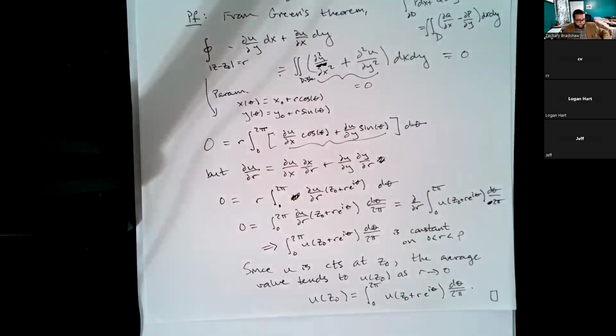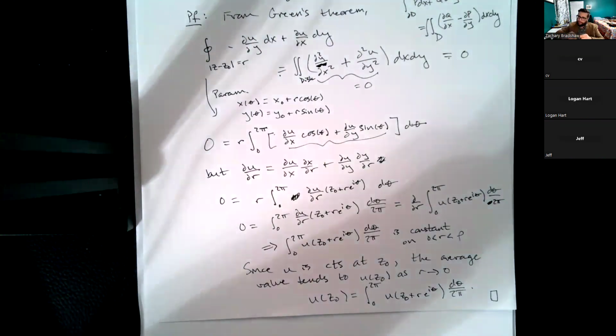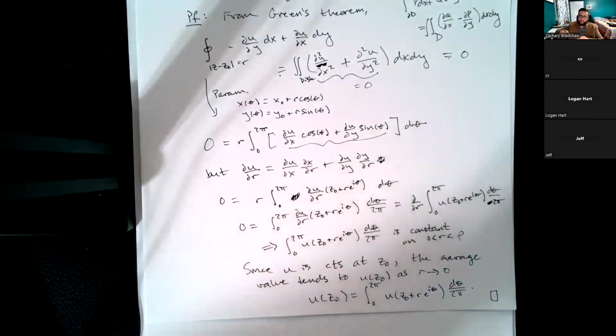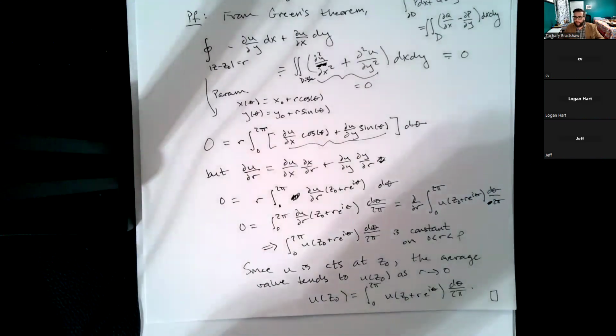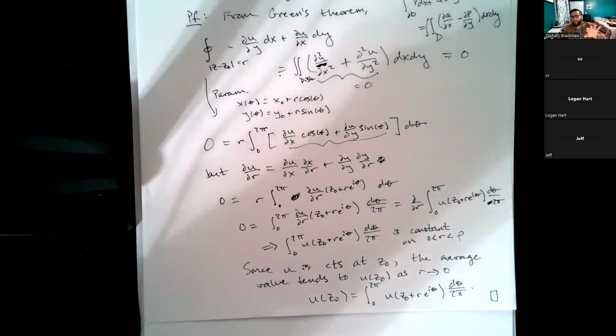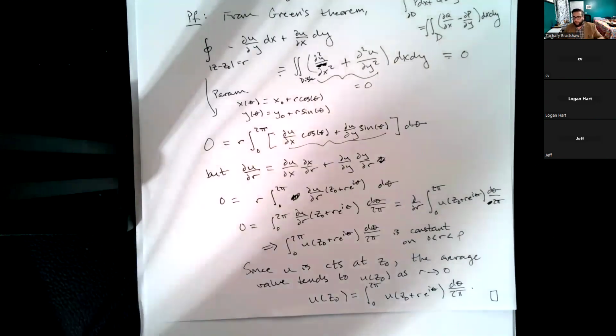Okay, so if you have a function u and it's harmonic on a domain, and that domain contains some disk, and you take the average around that disk, it turns out that that average is equivalent to the value of the function at the center of the disk, regardless of what you choose for that radius r.